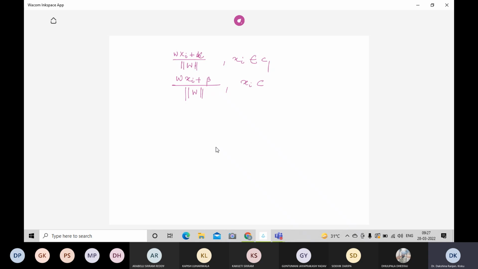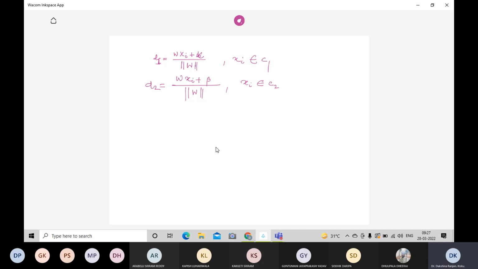So when xi belongs to class C2 or negative class, we obtain this distance. Here this is d1, and this is our d2.